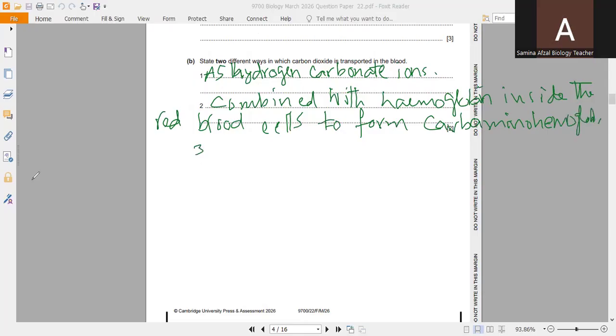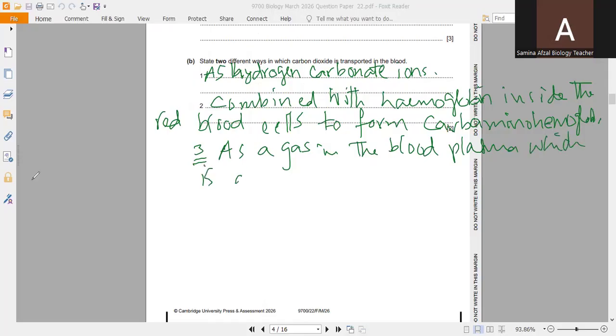And thirdly, as a gas in the blood plasma, which is directly dissolved.